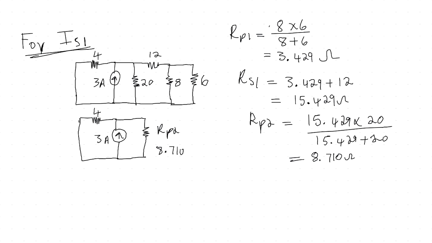By eliminating the resistors and finding the RP2, our circuit will look like this at the end. This is how our circuit is going to look. You understand? Yes, I understand.